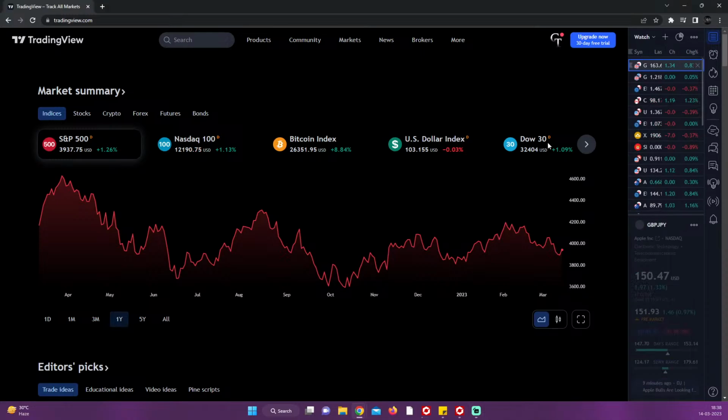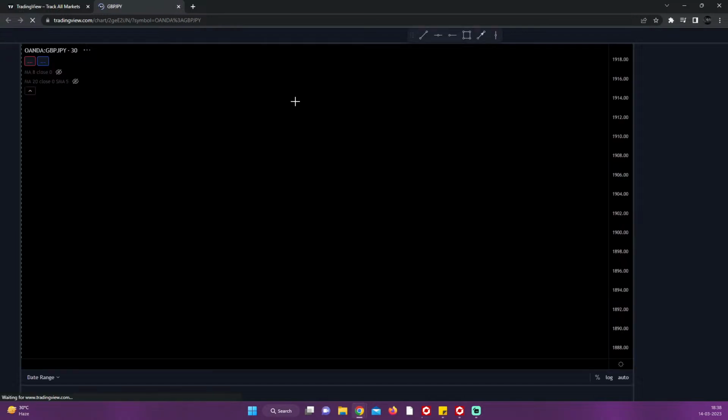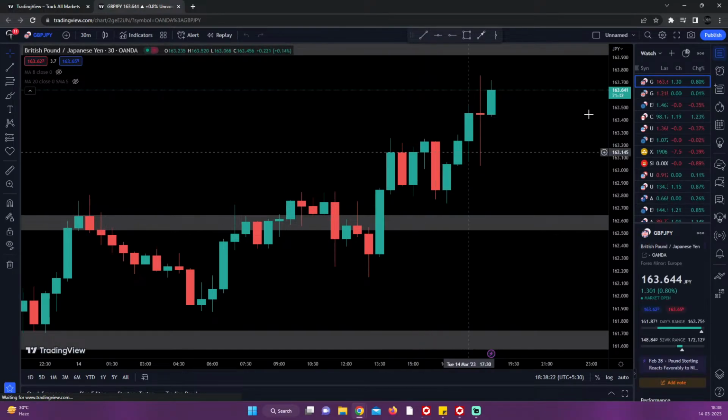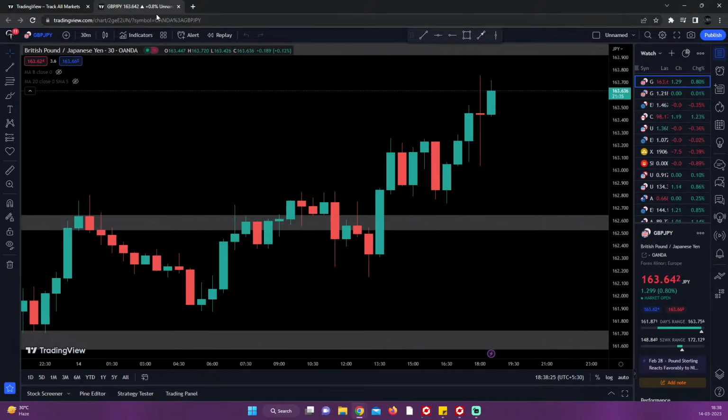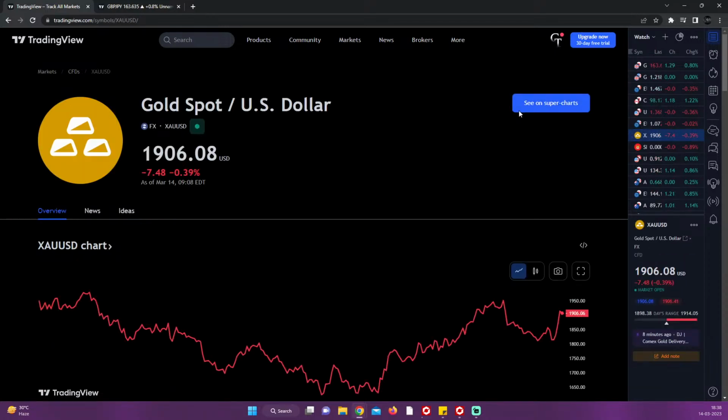So let's open our graph first over here, which is GBP, and after GBP let's have a look at gold also.